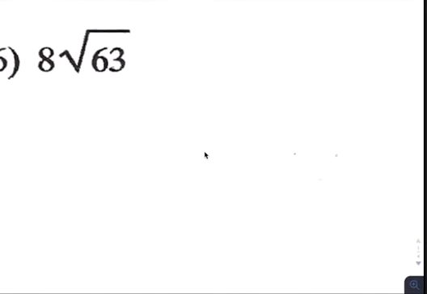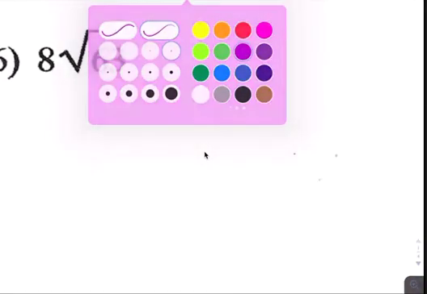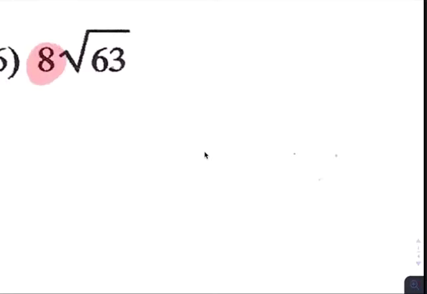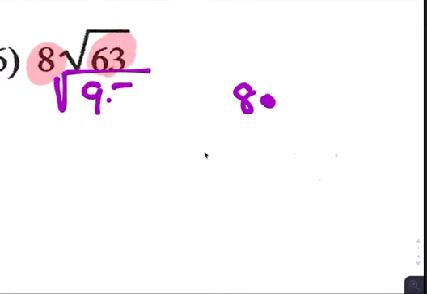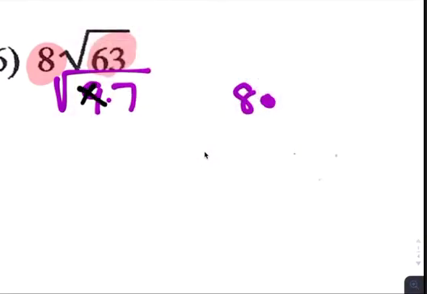Same thing here, so your answer is going to be 8 times whatever this answer is. So square root of 63 is 9 times 7. The 9 becomes 3 times 3.